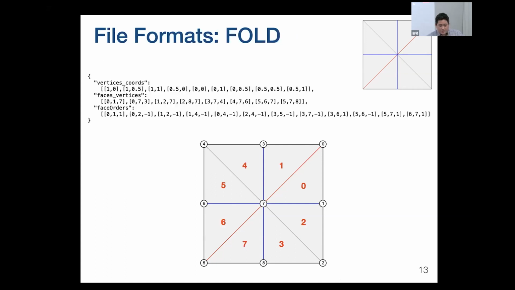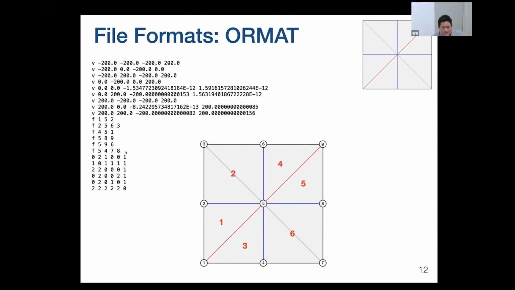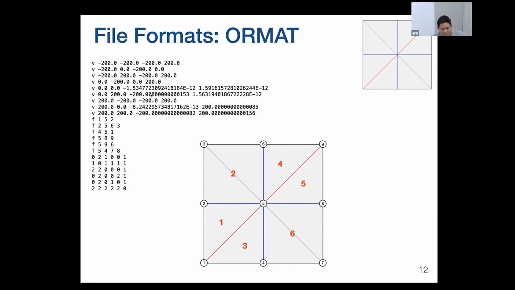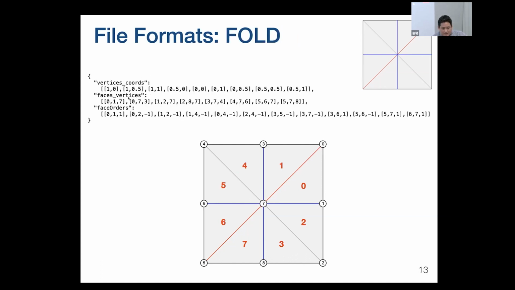Okay, here is another possible output format, a standard called Fold that was developed by myself with Eric Demaine and Robert Lang. Instead of this kind of OBJ type format for parsing and this kind of novel matrix, it uses a standard JSON format that many languages have importers for, and it has basically the exact same information as the OrMat format, but in a more standardized importable format.